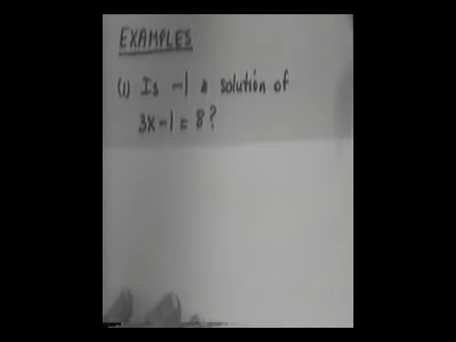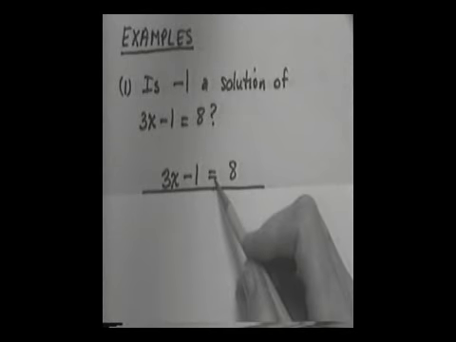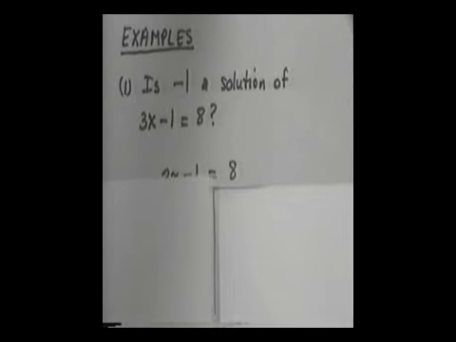We begin by copying the equation 3x subtract 1 equals 8. Then we draw a line under the equation. Then we'll draw a vertical line under the equals mark so that we get this T formation.